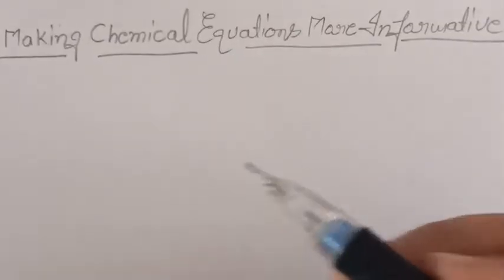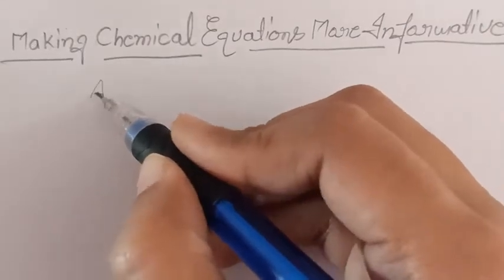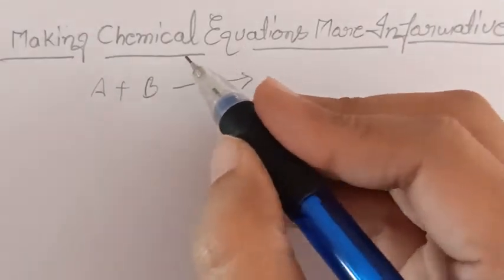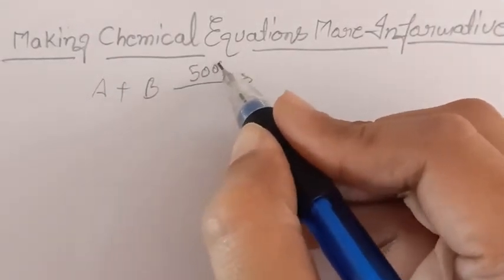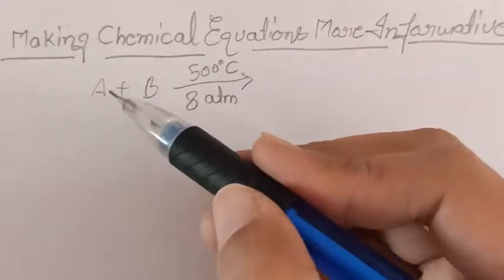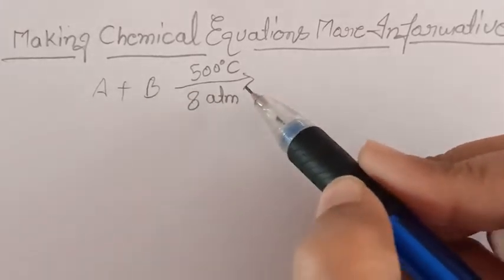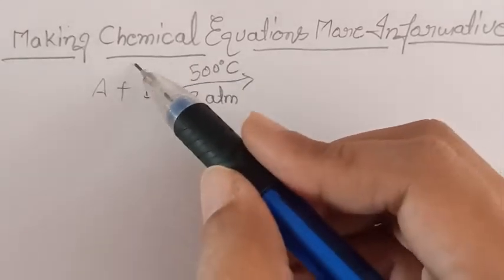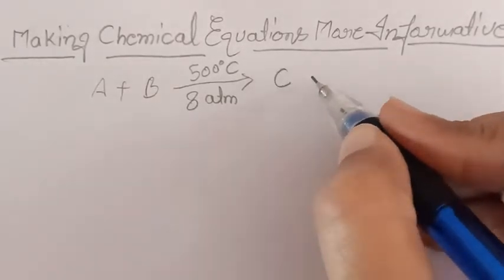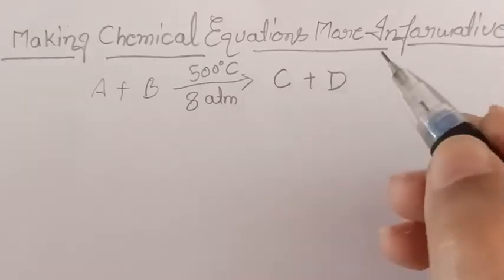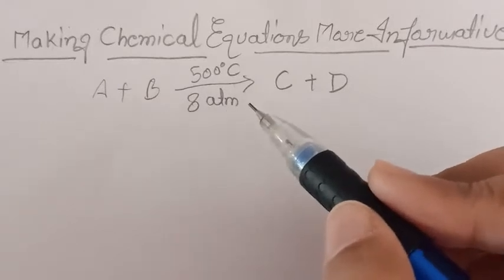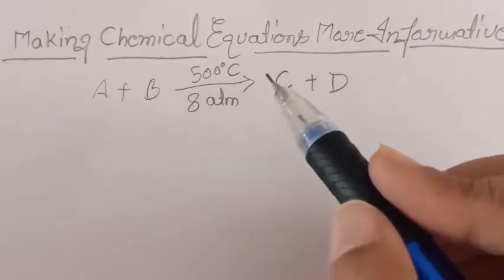For example, when A reacts with B, and they react with each other at 500 degrees Celsius and 8 atmospheric pressure, it means when we provide A and B with this temperature and keep them at 8 atmospheric pressure, they will be converted into C and D. These are the conditions, and they are mentioned on the arrow.